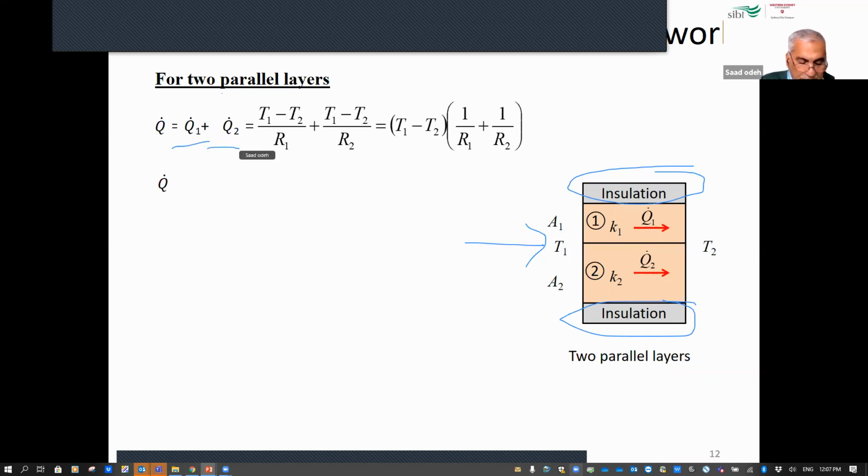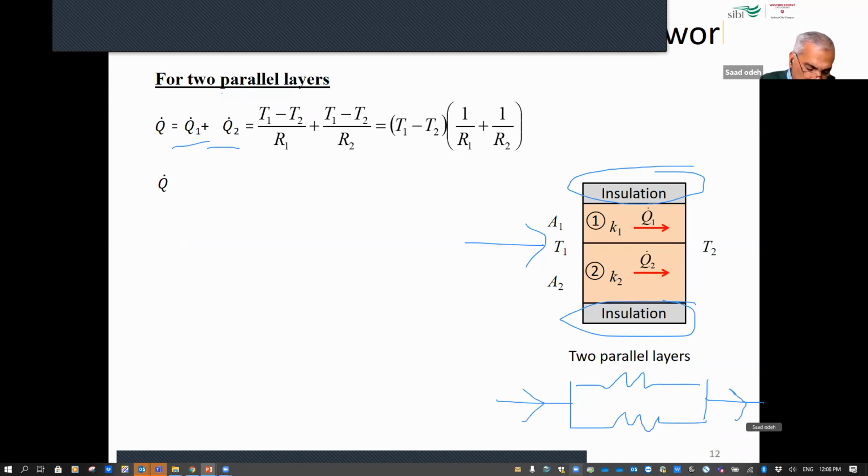And if I apply the thermal resistance rule, as you can see, now these two thermal resistances are not in series, they are in parallel. So we have resistance 1 and resistance 2 in parallel.